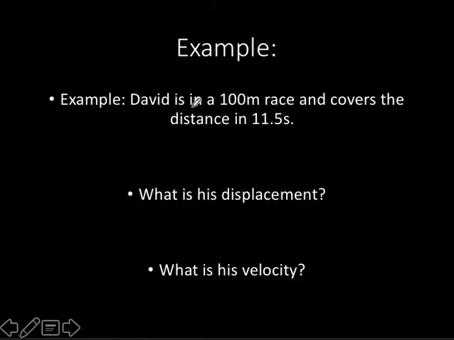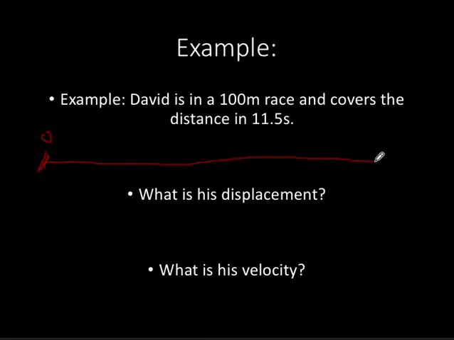David is in a 100-meter race and covers the distance in 11.5 seconds. What is his displacement? Well, assuming he starts from the starting line, which will be 0, and then he runs 100 meters and finishes at the finish line, then his displacement is going to be 100 meters.